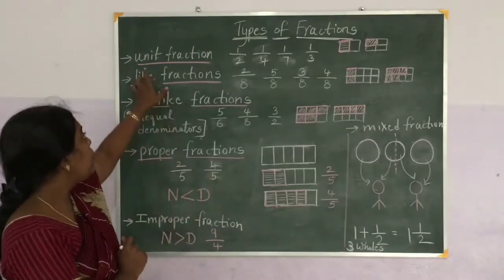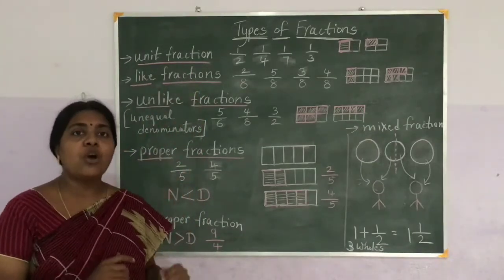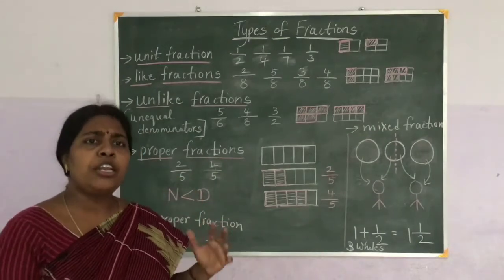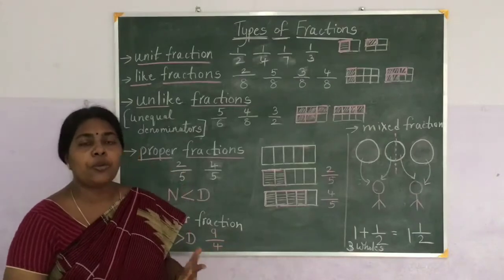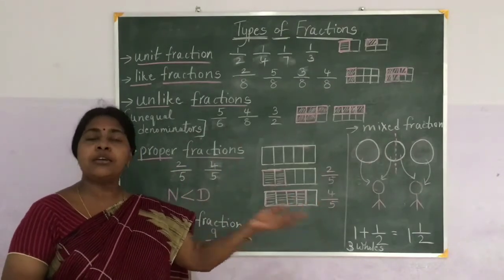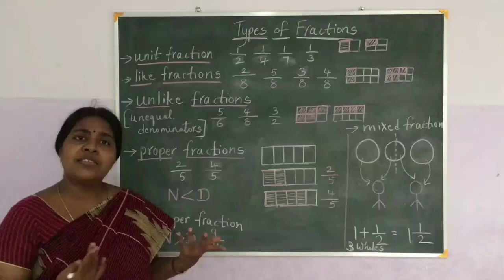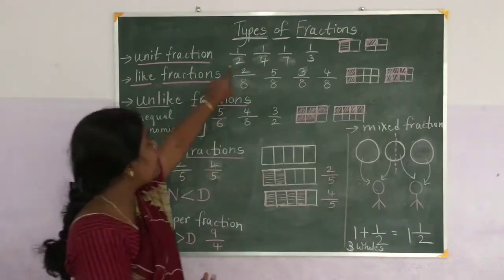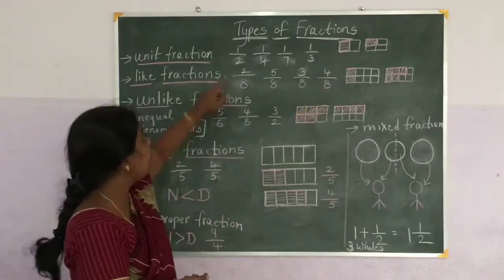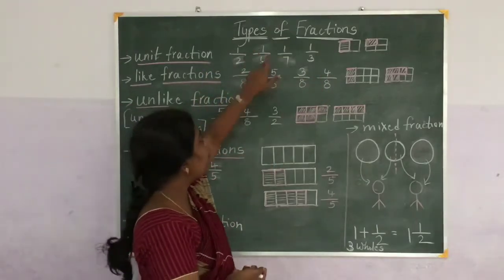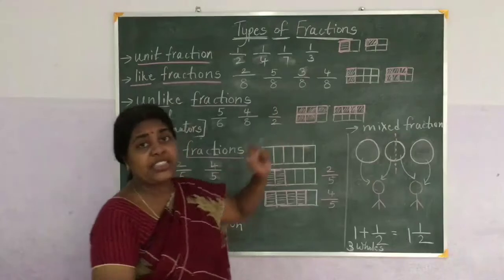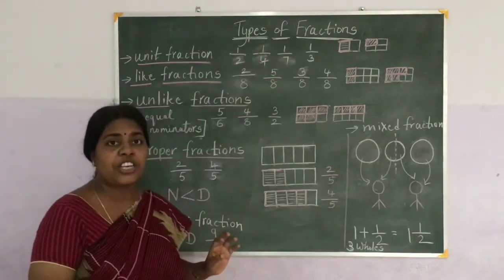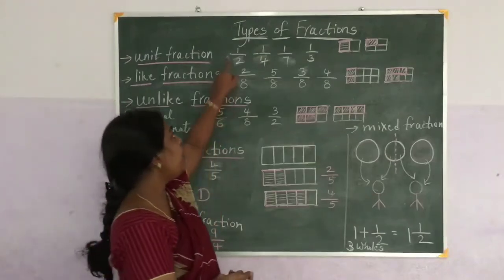They are, first one is unit fraction. As the name indicates, unit means 1. In a fraction we have the numerator and denominator. The upper part is the numerator and the lower part is the denominator. In unit fractions, if you observe these fractions, 1 by 2, 1 by 4, 1 by 7, 1 by 3, what is the common thing we observe?